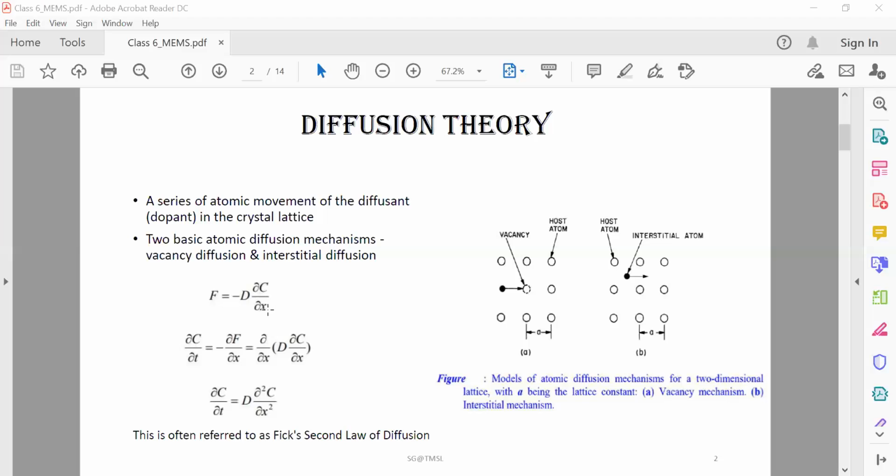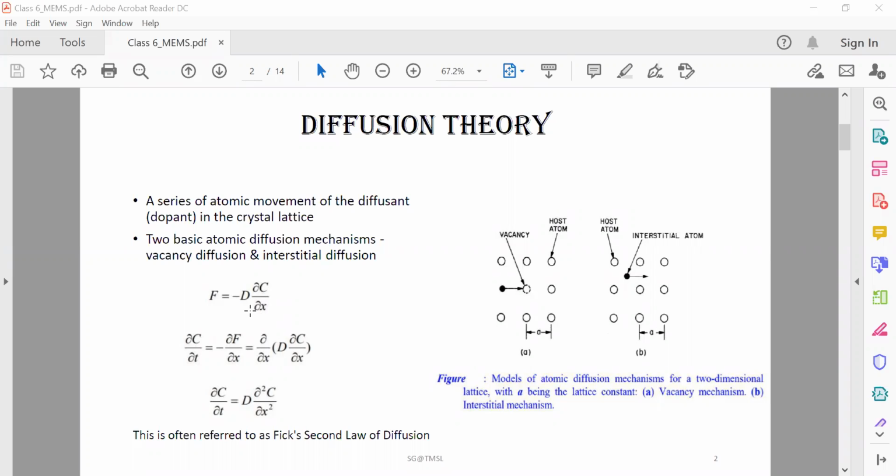This is Fick's first law, and the equation imparts that the main driving force of the diffusion process is the concentration gradient, delta C by delta X. In fact, the flux is proportional to the concentration gradient, and the dopant atoms will diffuse from a high concentration region toward a low concentration region.